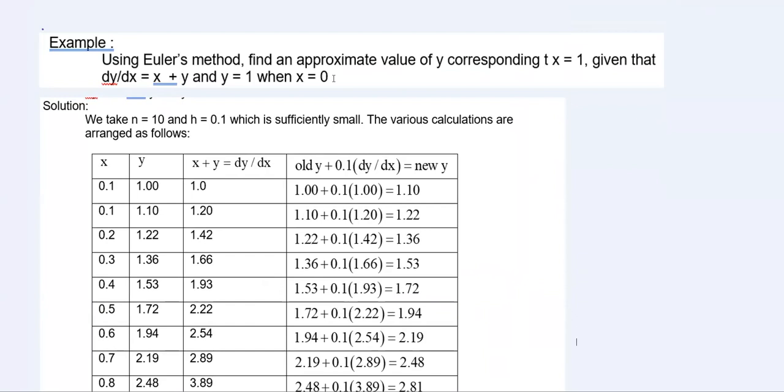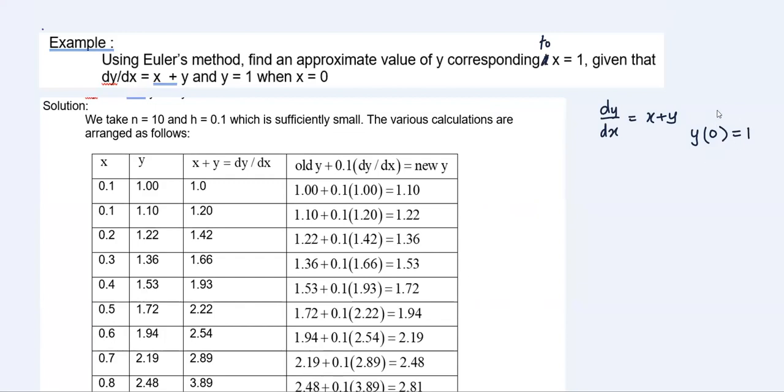So using Euler's method, find an approximate value corresponding to x equal to 1, given that dy by dx is equal to x plus y and y of 0 is equal to 1.